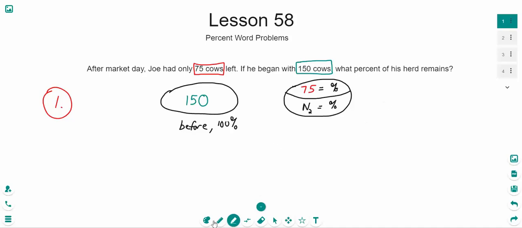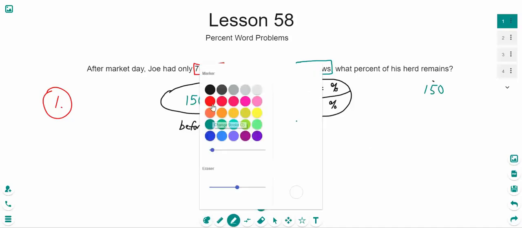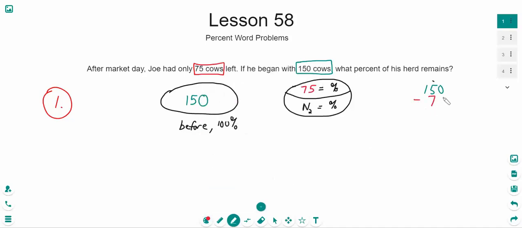All right, so that helps us because then we know that if I take the 150 and I subtract from that the 75, that's going to tell me how many cows are left over in this bubble. And in this case, it's actually right on the half mark, right?